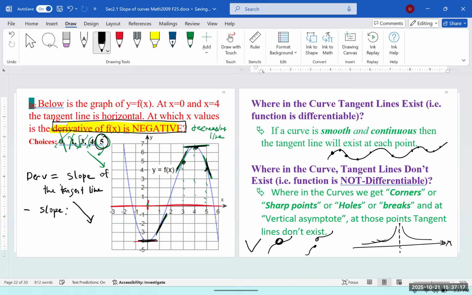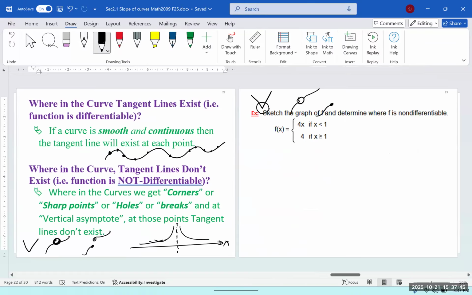This is called a vertical asymptote, where your graph breaks into pieces. This is a jump. While you have a jump, there is some y value missing. It cannot have a derivative at a hole and at a sharp corner. These 4 places don't have any derivative or any slope.